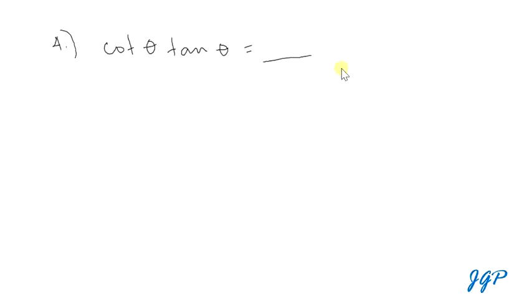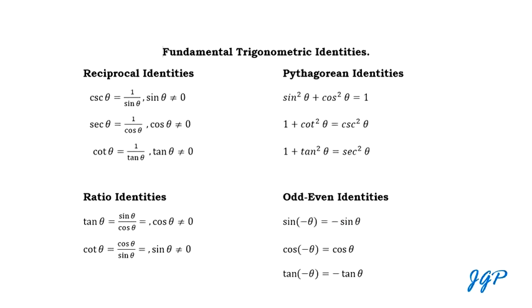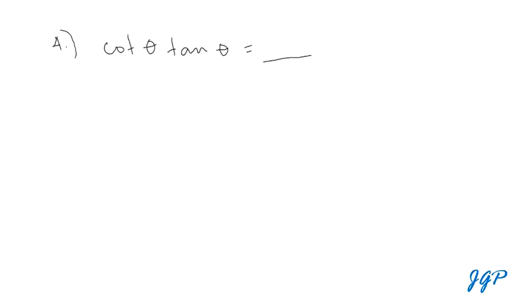Okay, next. Cotangent theta times tangent theta is equal to blank. So, let's go back again. Is it 1 or -1? So, we're looking for the cotangent and tangent function. So, this is it. This is in the reciprocal identities, the third one. Okay.